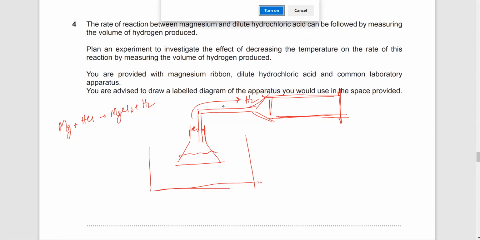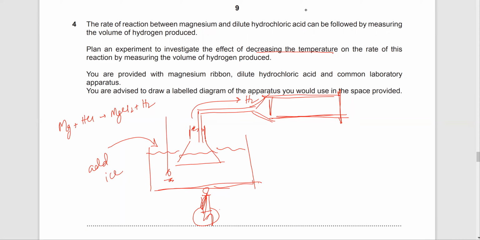Put this in a water bath with a thermometer, and you can have a Bunsen burner at the bottom to maintain a particular temperature. Actually, you have to decrease the temperature, so not a Bunsen burner. You have to investigate the effect of decreasing temperature, so you can add ice to it.